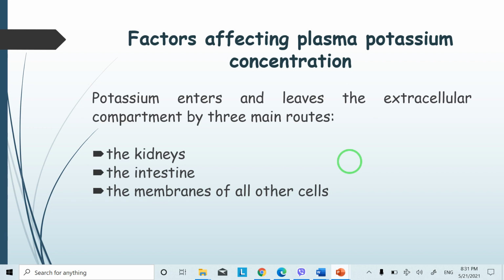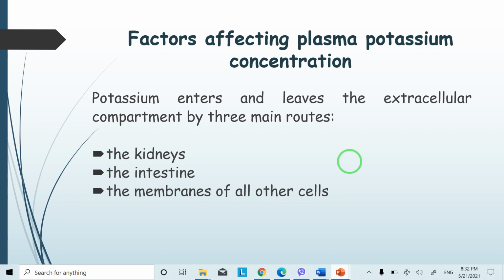First of all, we have the kidney. It is very important. We have the intestine, and because about 98% is found inside the cell, the membranes of all other cells are also important to maintain the concentration of potassium within the normal range.